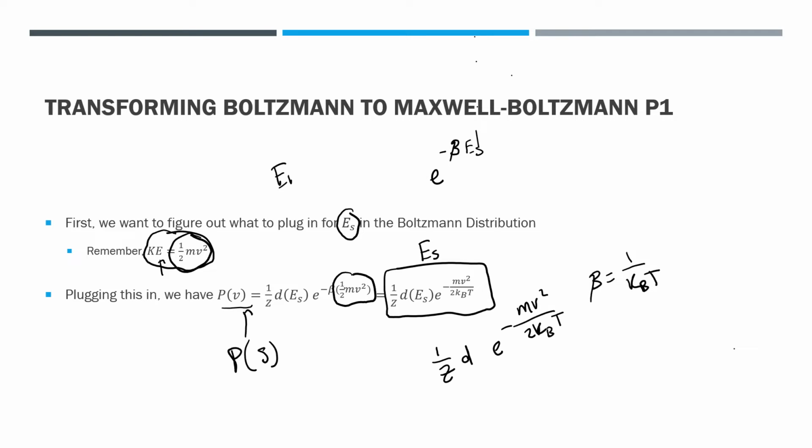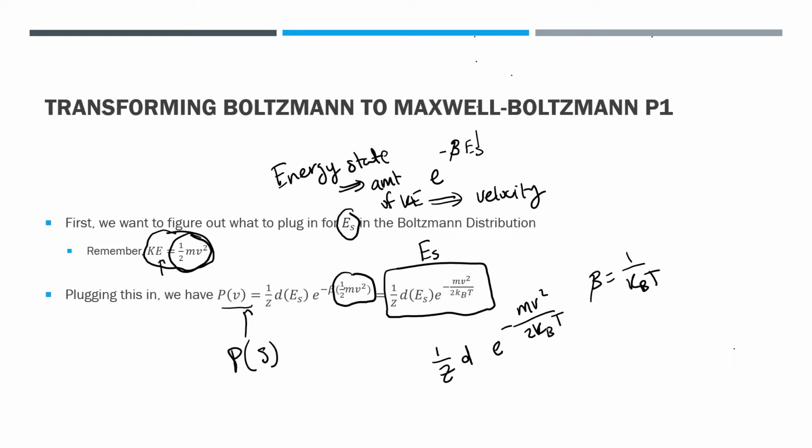The energy state, this is important. The more kinetic energy, the higher the energy state. And the kinetic energy is solely determined by the velocity. So when I have a probability of an energy state, that's essentially the probability at a velocity, because velocity directly gives you the energy state, right?